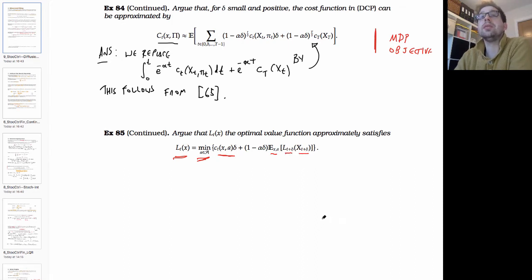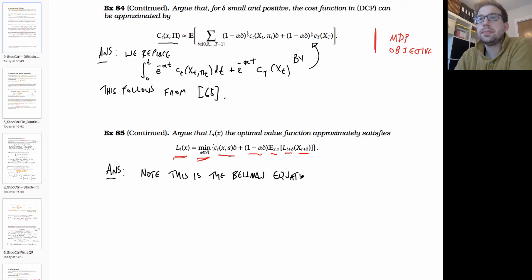And because we're discounting time by a factor of (1 minus alpha delta), we apply a discount factor.